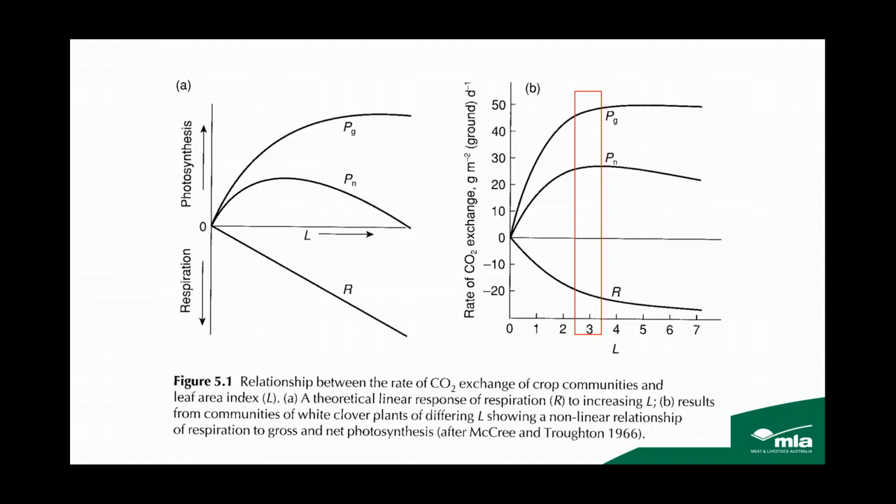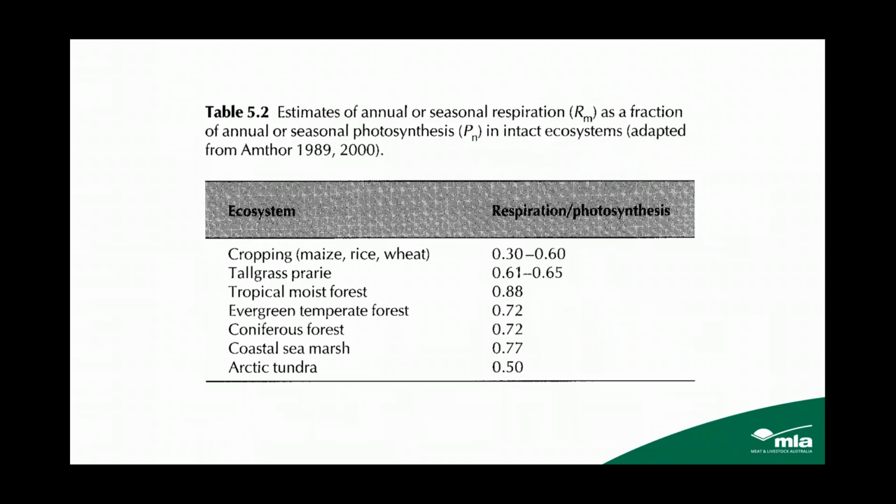So you get something like this, where the proportion of carbon taken up in photosynthesis that is lost in respiration can be quite high. In cropping, anywhere between 30 to 60% can be lost.